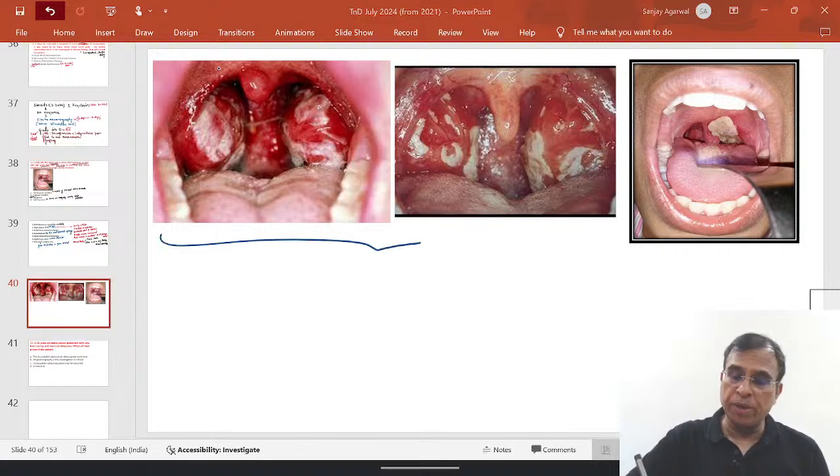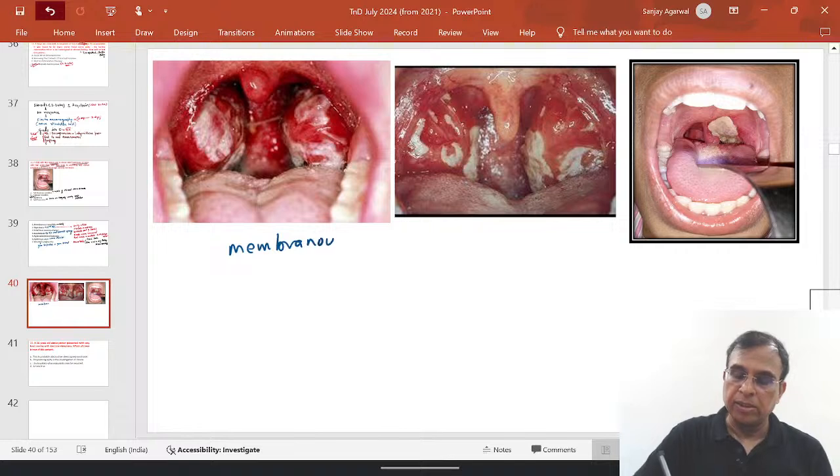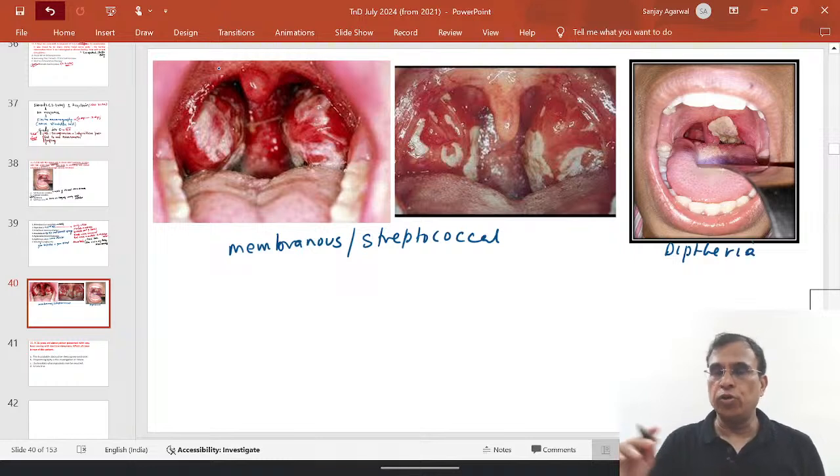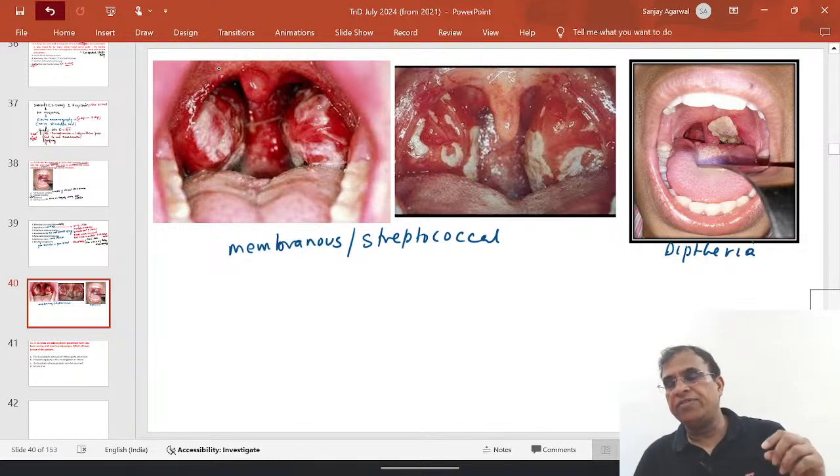These are the two membranes: membranous tonsillitis, also called streptococcal, versus diphtheria, which we have seen. If you notice the two images, in diphtheria there is a single, very well formed membrane that extends out of the tonsil.